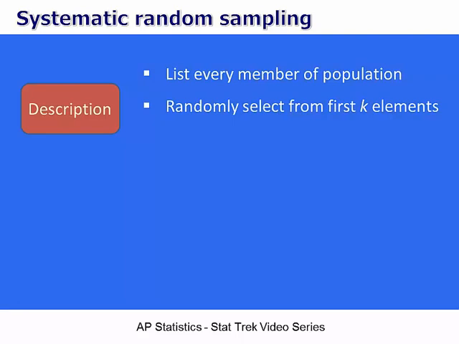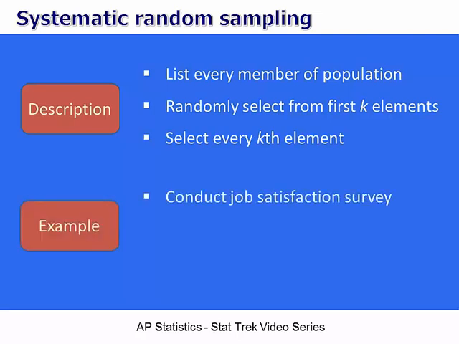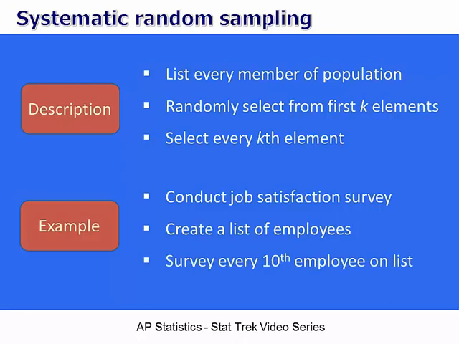Thereafter, we select every kth element on the list. For example, suppose a company wanted to conduct a job satisfaction survey among its employees. They might create a list of employees and then survey every 10th employee on the list.